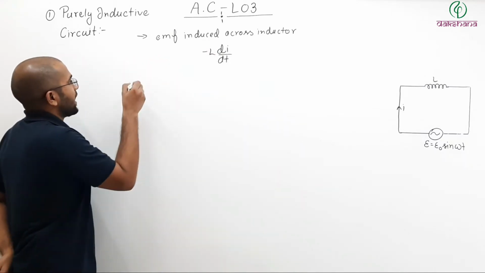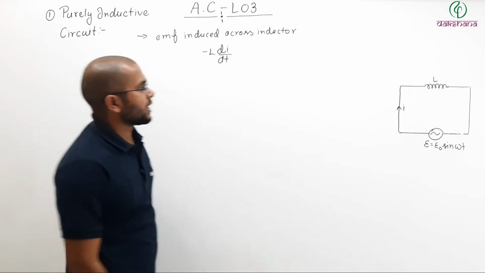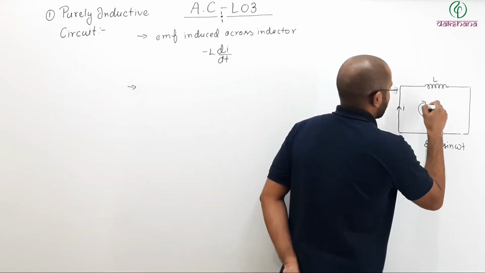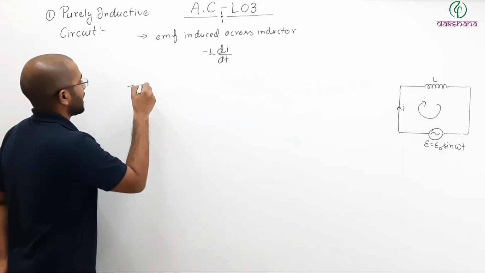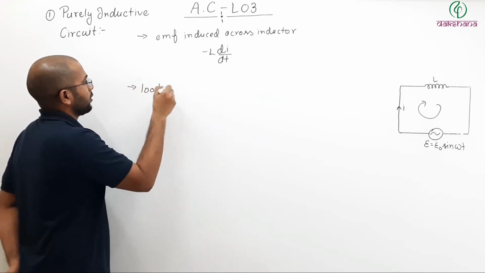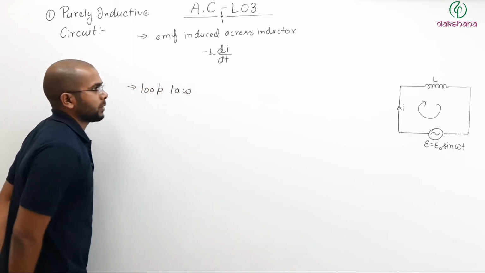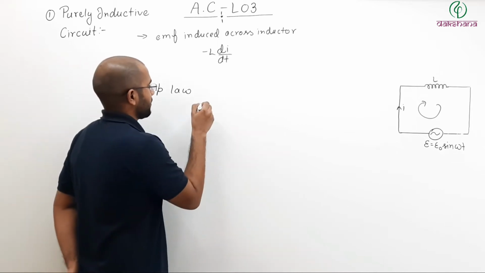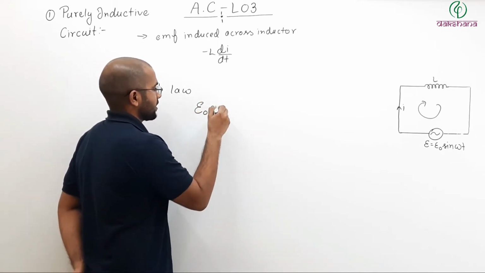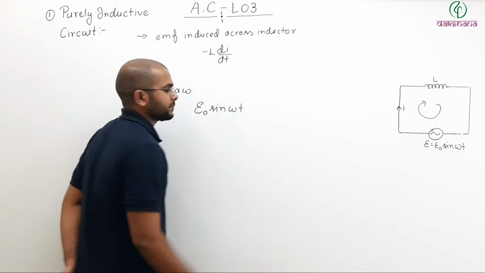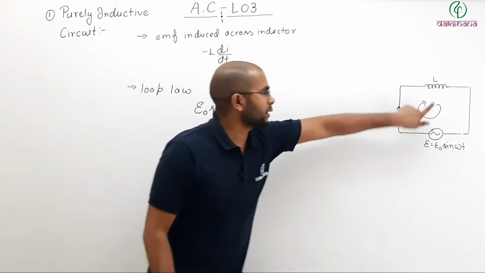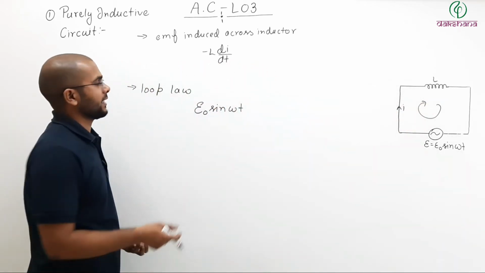Now, if that is the EMF induced, what if I apply the loop law in this circuit? Let us apply Kirchhoff's loop law. What you will get? EMF E naught sine omega t, and the EMF induced across this is minus of L di by dt.